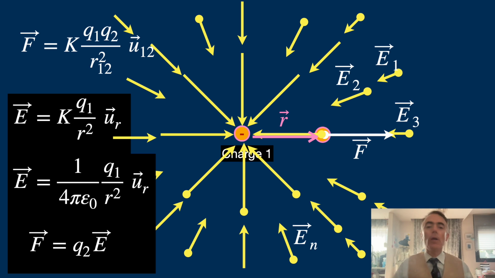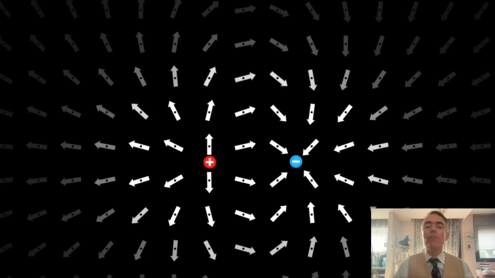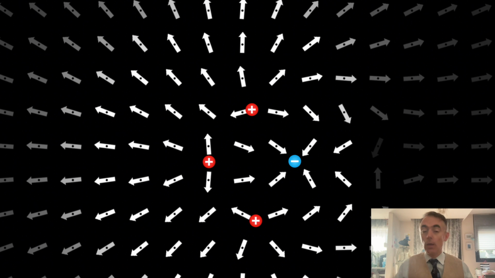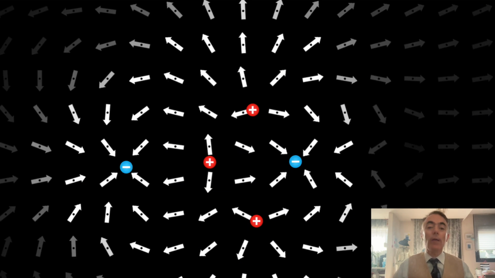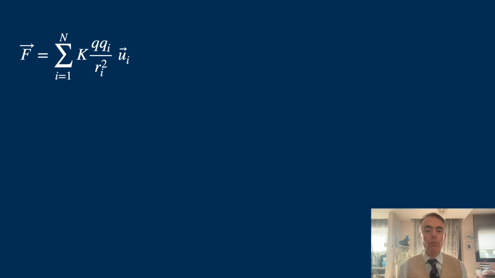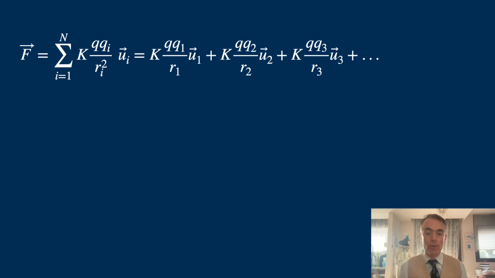Of course, because of the superposition principle, if there are several charges at play, the net electric field at a point is the sum of the electric fields of all the charges involved. This net electric field will be the vector sum of all the electric fields. Another way of thinking about this is by writing down the total force of a distribution of charges acting on a probe charge.